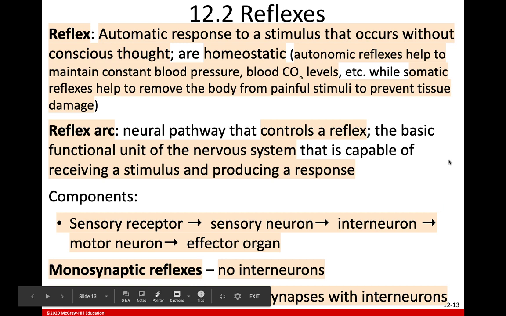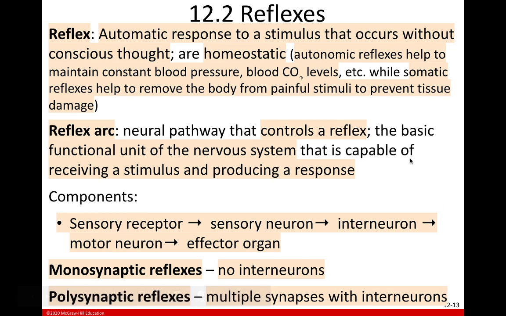Again, we have two types of reflexes, monosynaptic and polysynaptic. Monosynaptic reflexes do not involve interneurons. So the information goes directly from a sensory neuron to a motor neuron in the spinal cord without synapsing with an interneuron. That's why it's called monosynaptic. There's just one synapse, the synapse between the sensory neuron and the motor neuron.